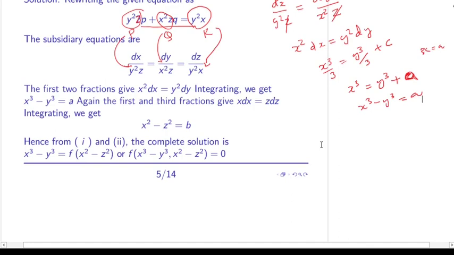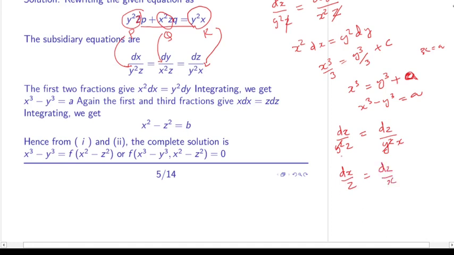Okay, first and third, you can compare the first and third. So dx by y square z equal to dz by y square x. In this you can cancel y square. So what remains is dx by z equal to dz by x.